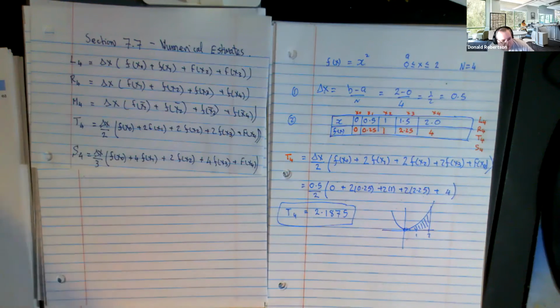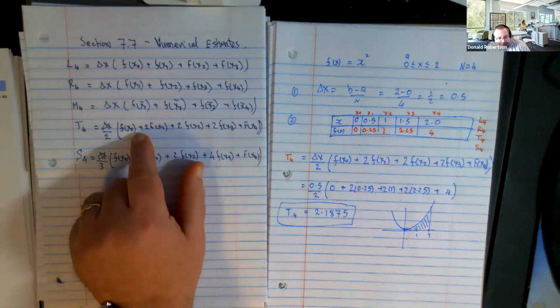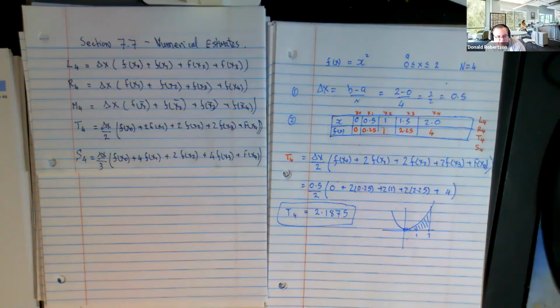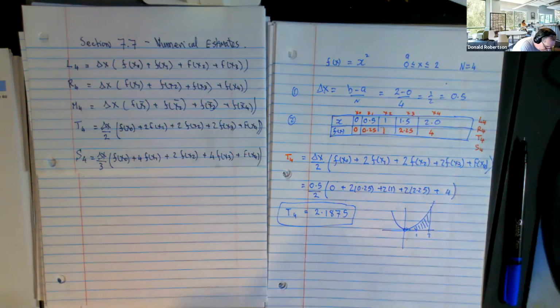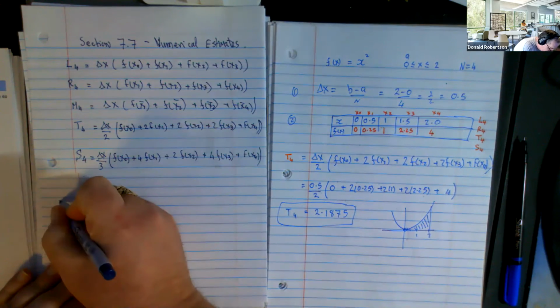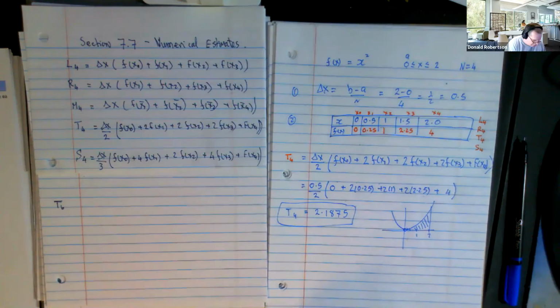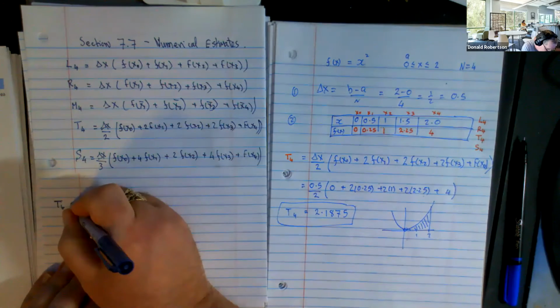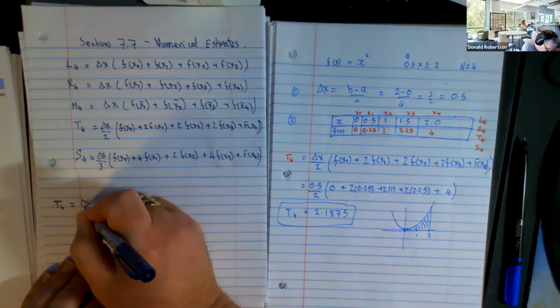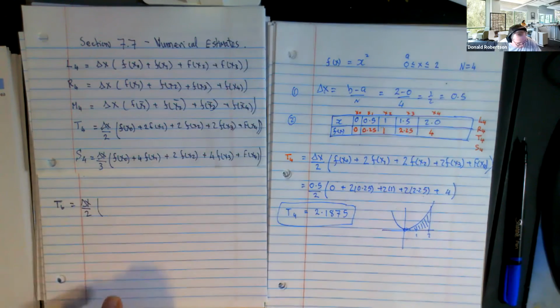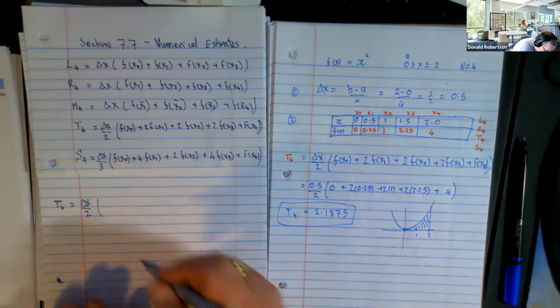Now, I've only given you this formula for 4 strips. What do you think the formula might look like if you had to do 6 strips? So imagine you had to use the thing to find T6. Well, the delta x over 2 is always going to be delta x over 2 when it's a trapezium.